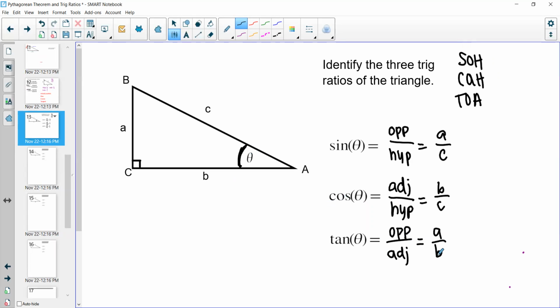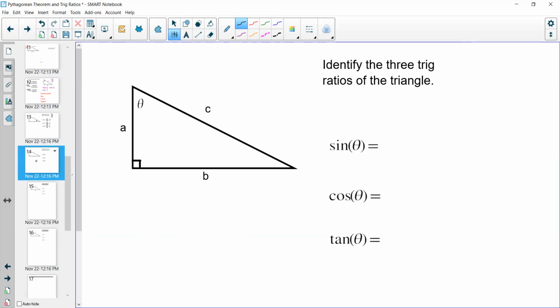And then what we can do is look at those ratios, and that helps us determine these different things. If I typed into my calculator, there's a button on there, sine of a certain degree, it would be equal to whatever that is. So it depends on where that angle is, which refers to which sides are sine, cosine, and tangent.